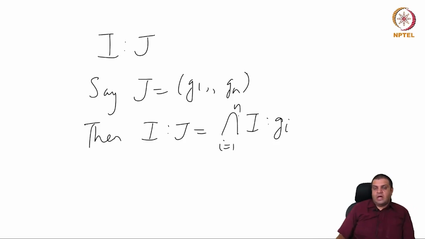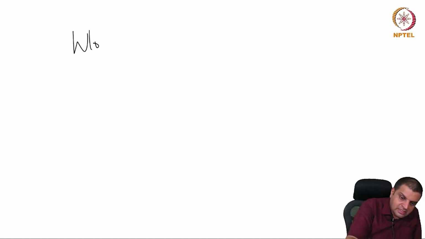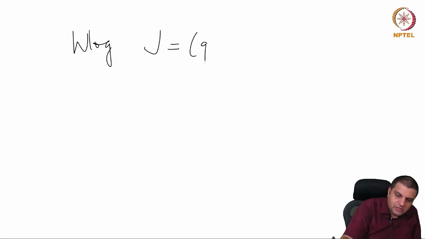So algorithmically, if we know how to intersect and how to take colons with one element, then we can do this. Therefore we need to learn two things: how to intersect ideals and how to take colons. So without loss of generality, for now, as far as colon is concerned, we can assume that J is principal. So proposition.